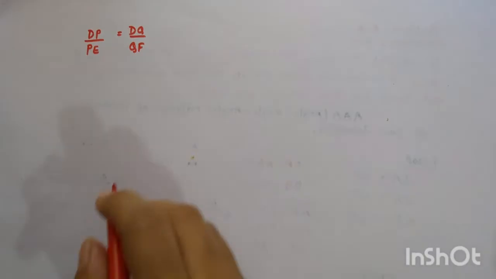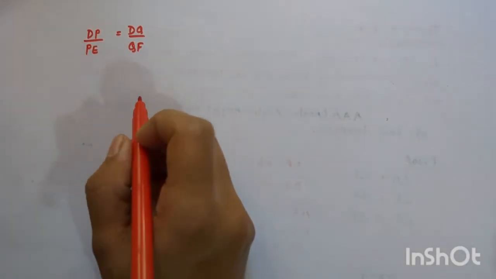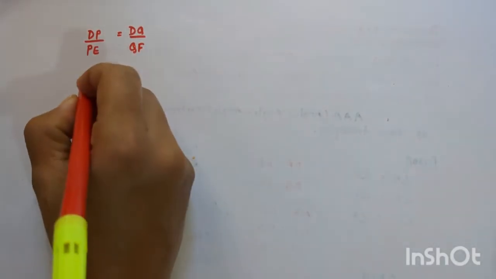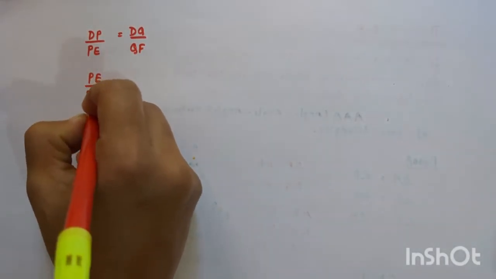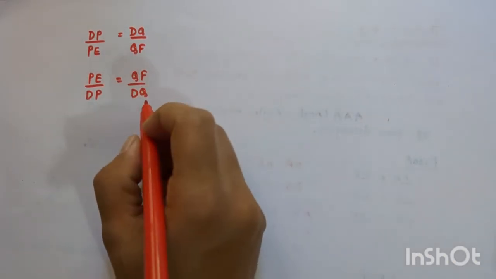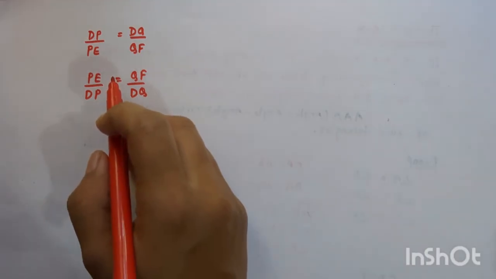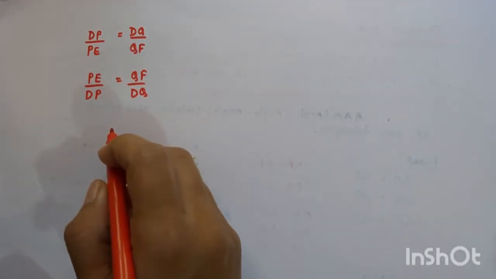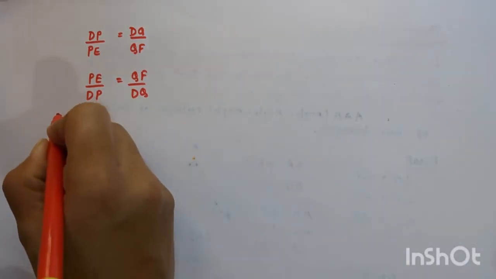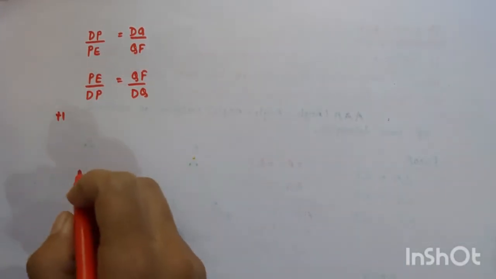Now, let us invert this equation, that is, let us just take the reciprocal of this equation. So this becomes PE by DP is equal to QF by DQ. The numerator becomes the denominator and the denominator becomes the numerator. Now, I am going to add plus 1 to both sides of this equation.